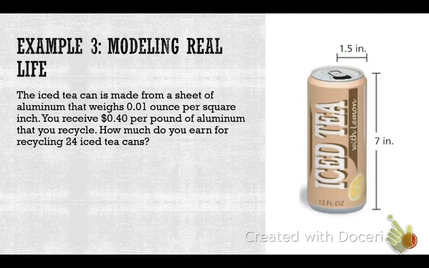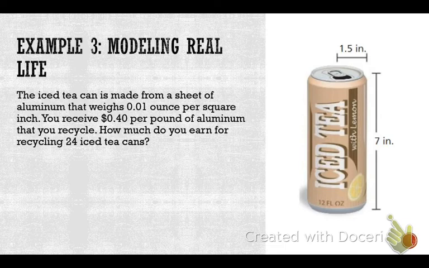Okay, the iced tea can is made from a sheet of aluminum that weighs 0.01 ounces per square inch. Okay, so you receive 40 cents per pound of aluminum that you recycle. So how much do you earn for recycling 24 cans? Well, I know how much I'm going to make per square inch, but can I just look at that can and say, this is how many square inches it is?